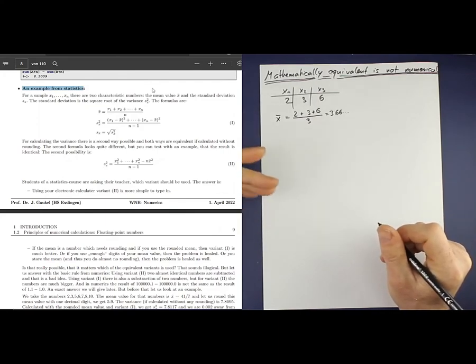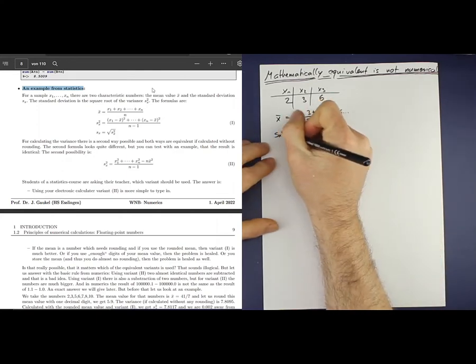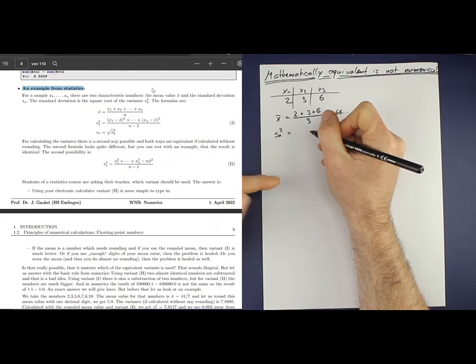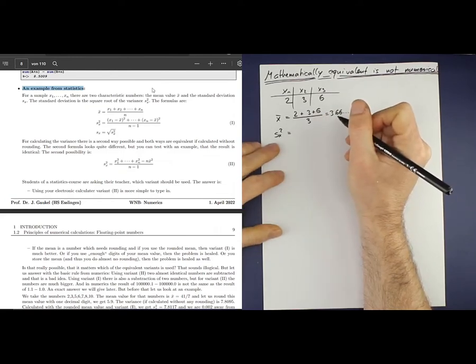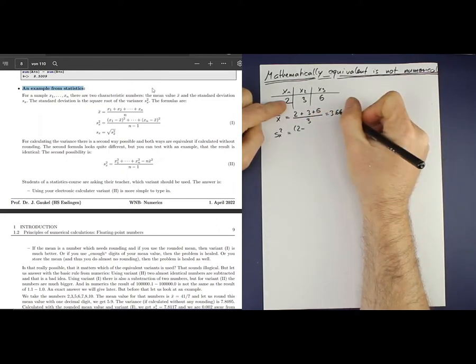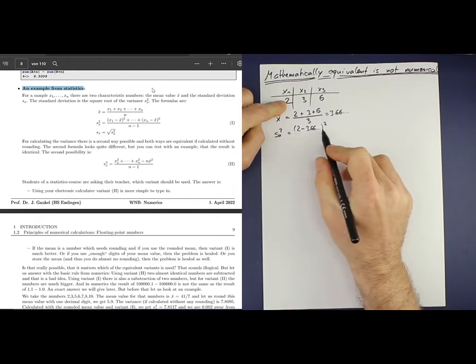Maybe you know it. If not, I will tell you now. First, we can calculate the variance, the empirical variance, and the formula is: take the first value, subtract the mean value, and square this difference.